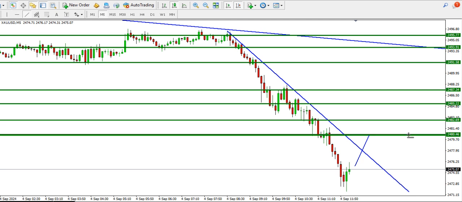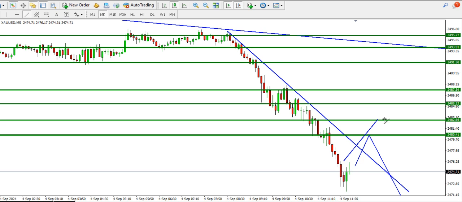So if price gets to this point, you might see price drop sharply to break the neckline, which is at 2470. Or if price rises to this point, we might see the bears use it as an opportunity to give us a stronger, more bearish momentum drop.